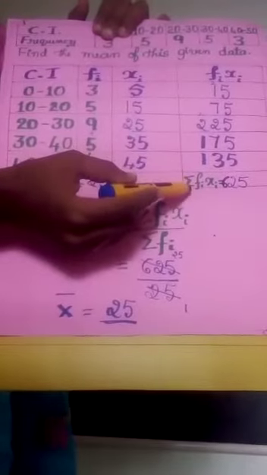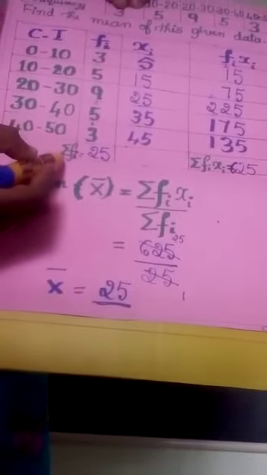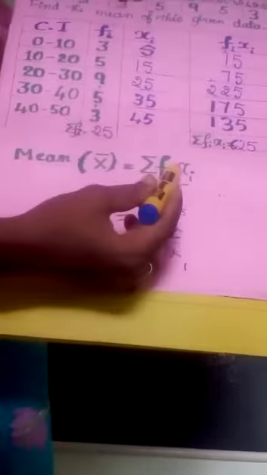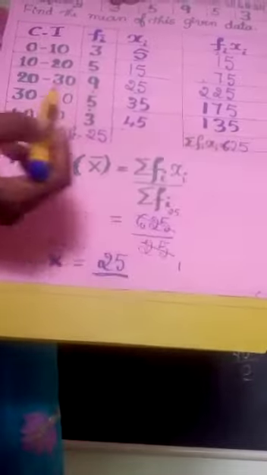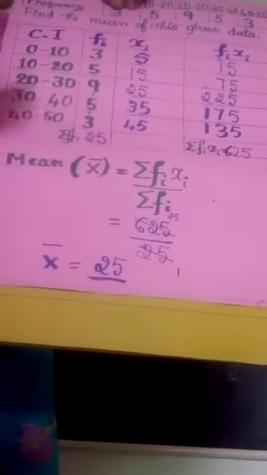Then find the sum, sigma fi xi. Then find the sum of frequencies, sigma fi. Then write the mean formula. Then substitute the values of sigma fi xi and sigma fi. Then you will get the mean of the given grouped data.